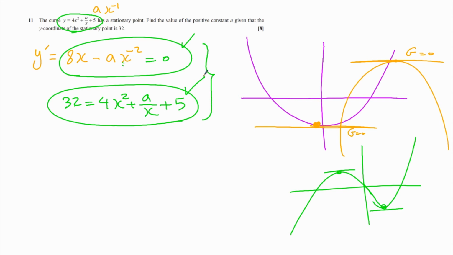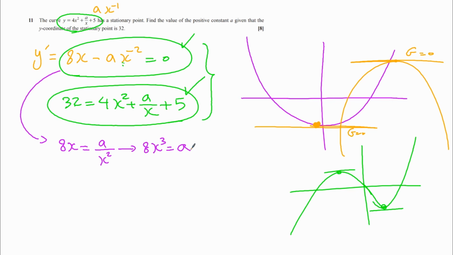To solve this simultaneously, I'm trying to see how we can simplify it to make it easier. From the first equation, I can write 8x equals a over x squared, or 8x cubed equals a.